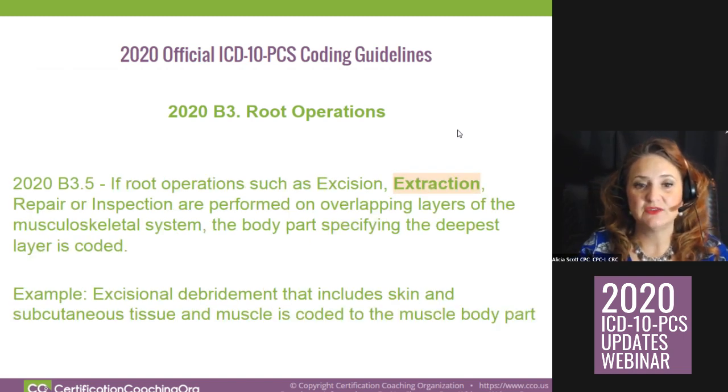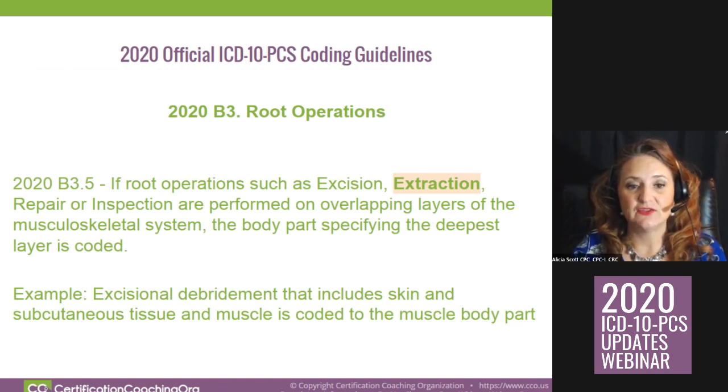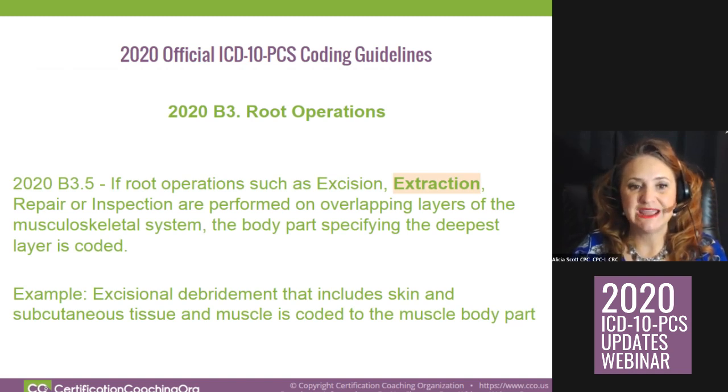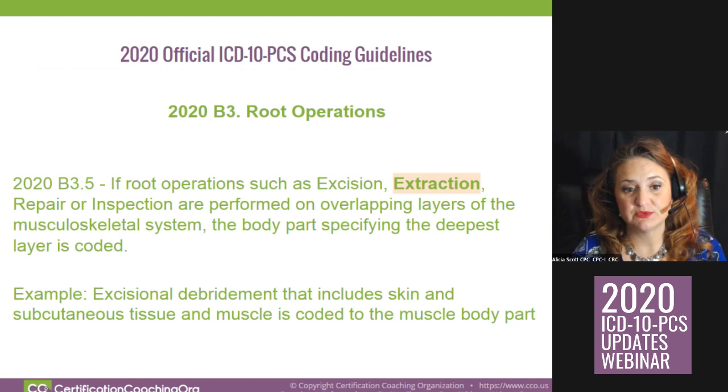They also added the word extraction to this guideline for root operations. For excision, extraction, repair, or inspection, whenever you have overlapping layers, and then it goes on to say the musculoskeletal system, et cetera. What they're using as an example was really good.